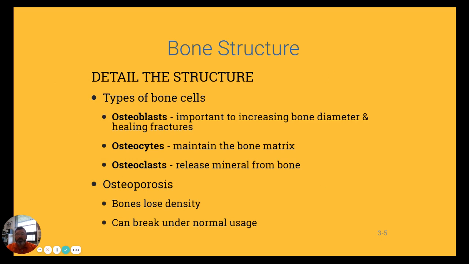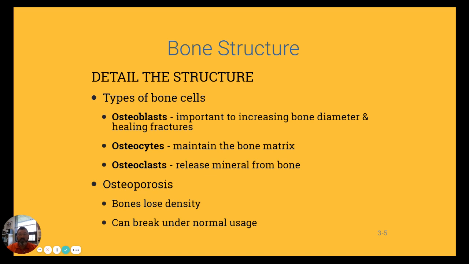If we look at some detail of the bone structure, there's a lot of different types of cells within the bone itself. We have osteoblasts, which are important to increasing the diameter of the bone and healing fractures whenever those should occur. Osteocytes, which help maintain that bone matrix and that knit-together feel of it.